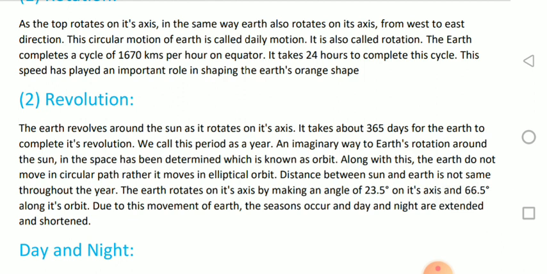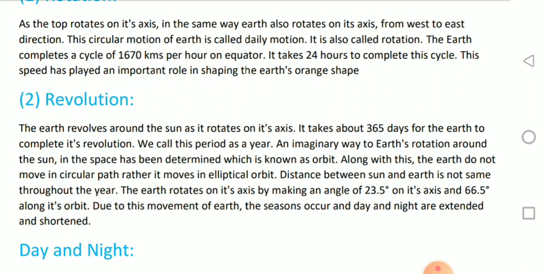An imaginary path of the earth's revolution around the sun in space has been determined, which is known as an orbit. What can we call that?